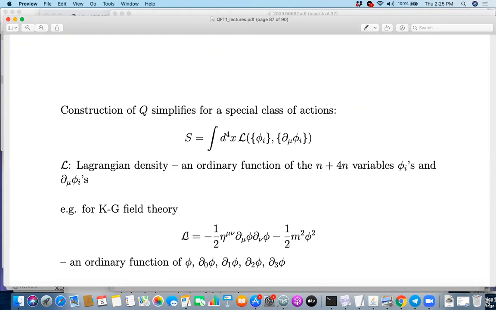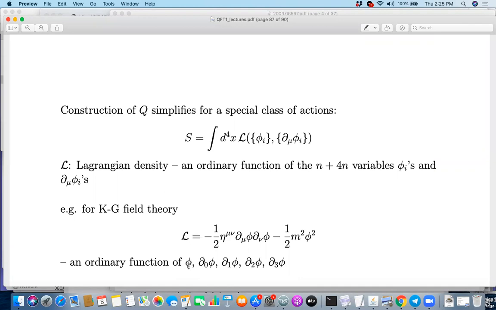This L can be regarded as an ordinary function of these 5 variables: phi, time derivative of phi, and the 3 space derivatives of phi. Which basically means what? Suppose you want to calculate L at some given point. For that, you don't need to know phi at every point. You don't need to know phi as a function.